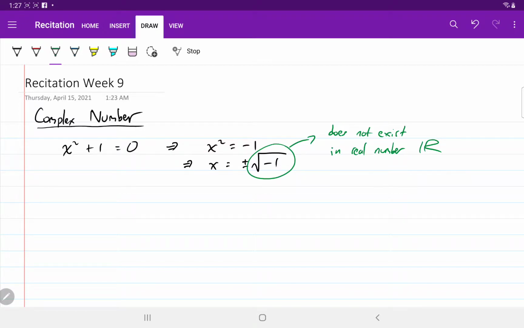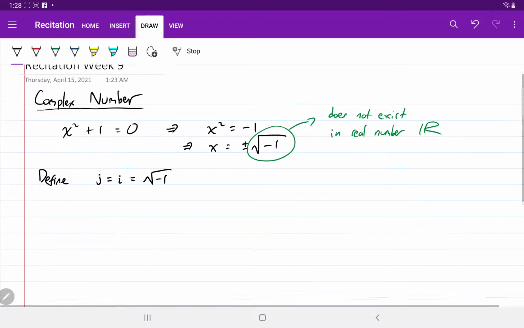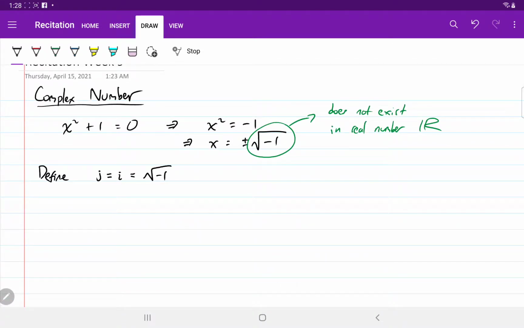If we define j, or sometimes it is also referred to as i, as the square root of minus 1, then we can express the roots of this quadratic equation.